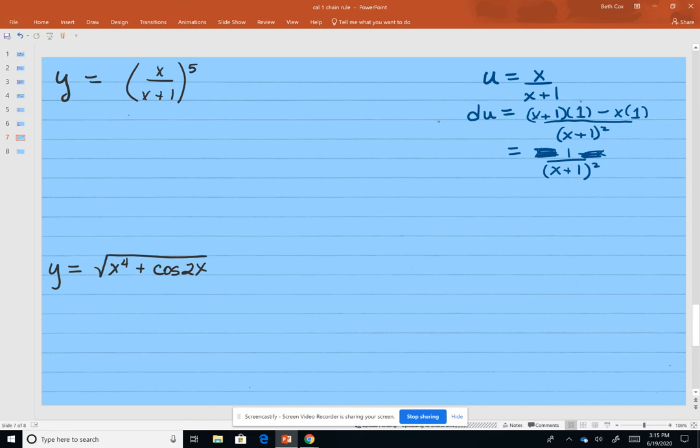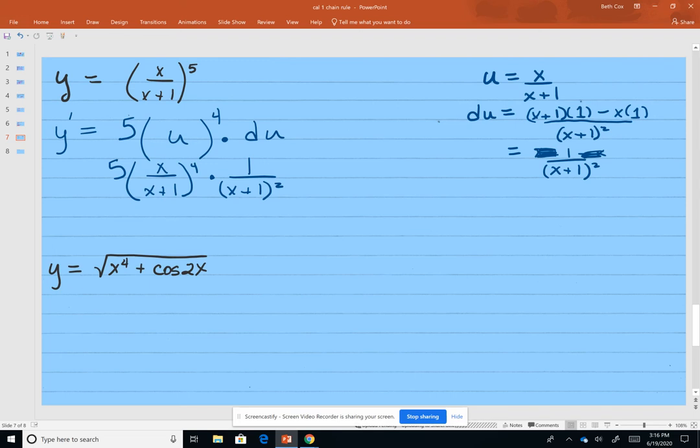All right, and so now when I want to do y prime, I'm going to do 5 times the parenthesis to the 4 times the derivative of the inside function, because this is u. So this will be 5 times x over x plus 1 to the 4th times 1 over x plus 1 squared.